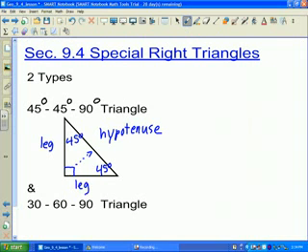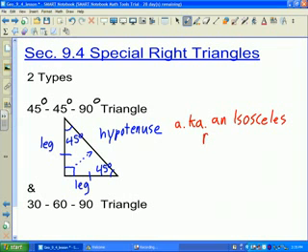Now, there are two angles that are exactly the same, hence being congruent. If we have two angles that are congruent, then we'll have two legs congruent. So not only is this a special triangle that's 45, 45, 90, but this is also known as, aka, an isosceles right triangle.